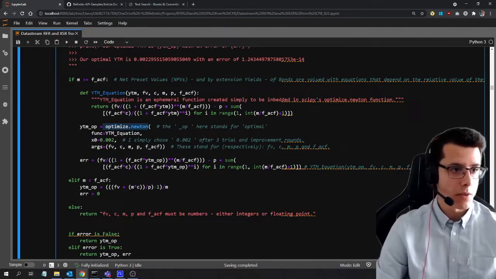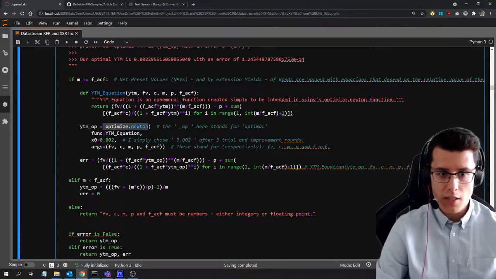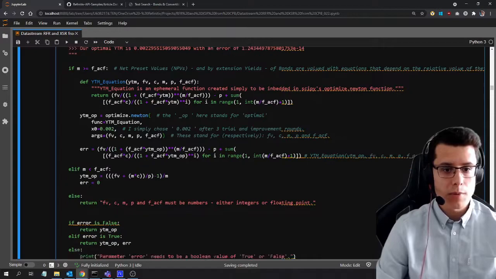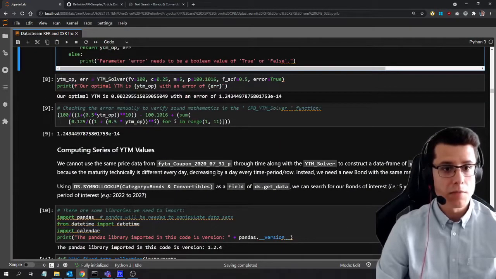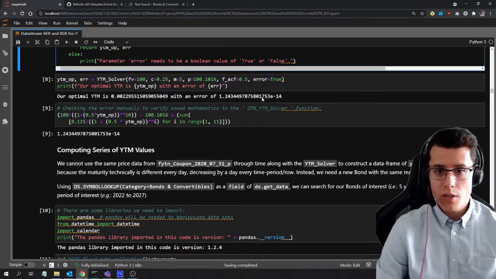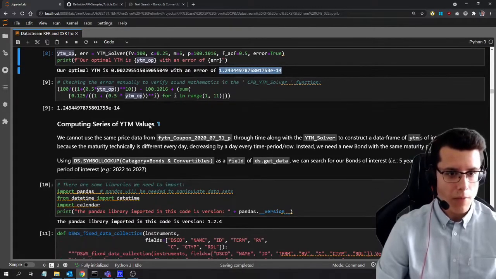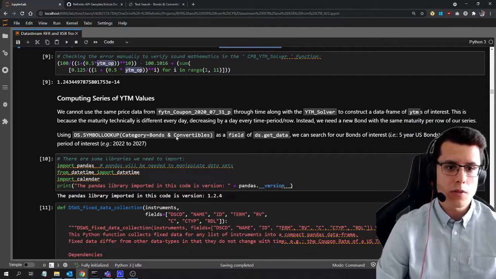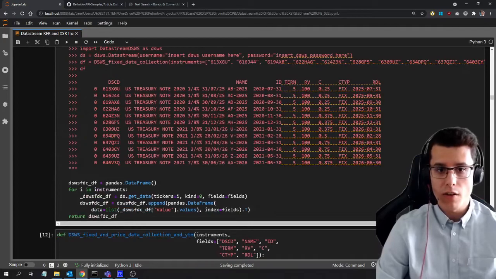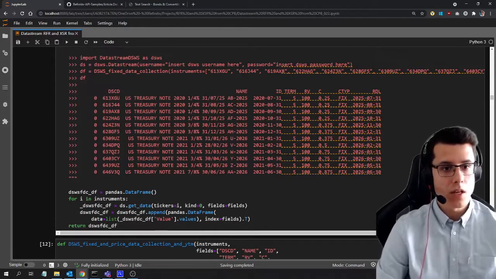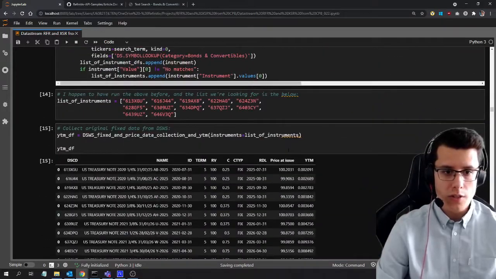That's very, very possible. If that's the case, then I might look into other and maybe even better optimization methods, but we'll do that later. And we've got our error, which I thought was more than enough. Okay, and we had our yields compute to maturities in series, and here I've added quite a great deal of detail and examples.